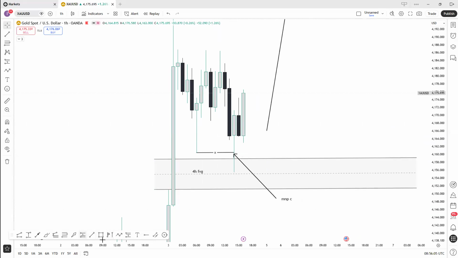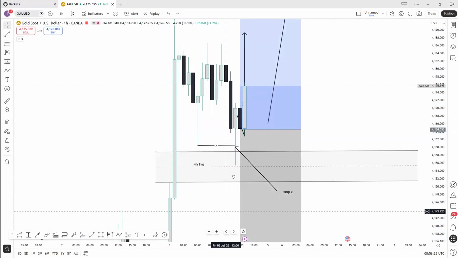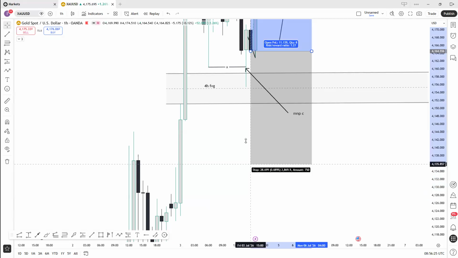After the formation of that manipulation candle, price retraced back to the discount area, and then we took some buys from that area after that confirmation on Friday.